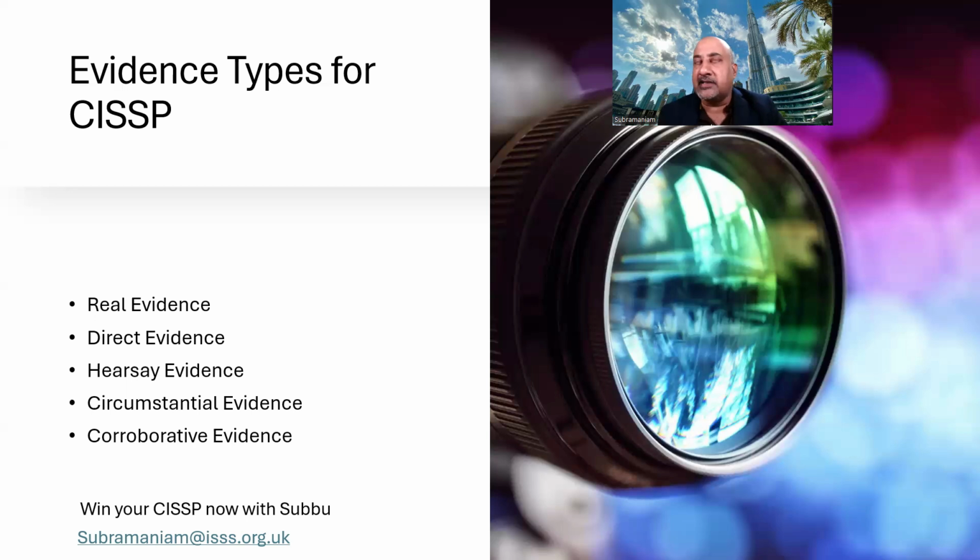Now, what is the hearsay evidence? Hearsay evidence is something that has not happened in the crime scene. For example, if the hacker has mailed the organization saying, it is me who created the ransomware attack in your organization, you have to pay me this much amount of money, that cannot be brought into the court, since it is a statement made outside the court of law.